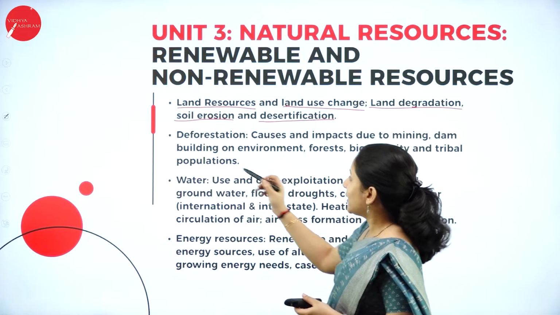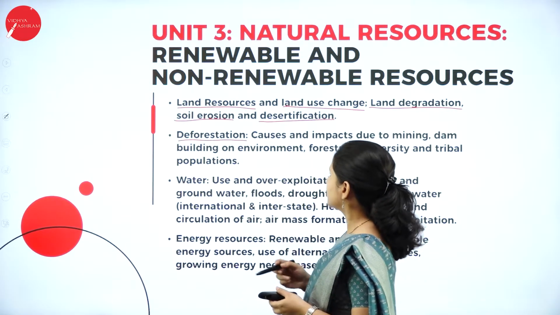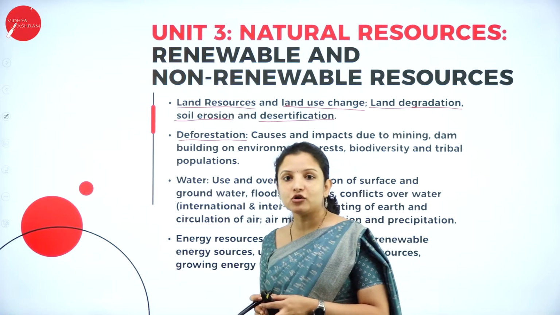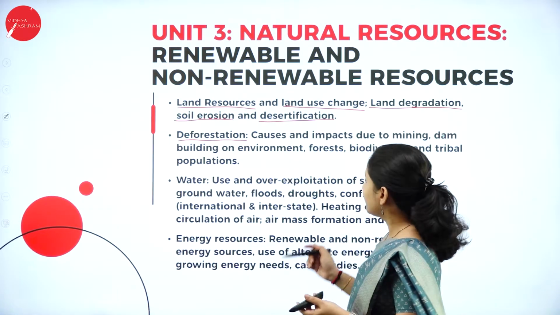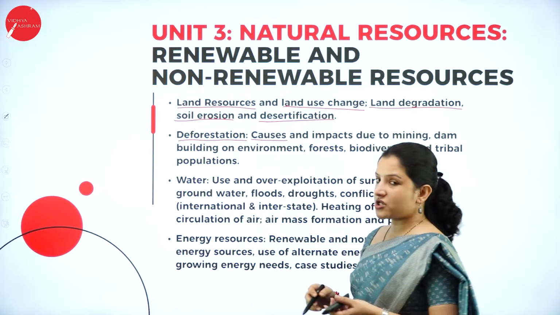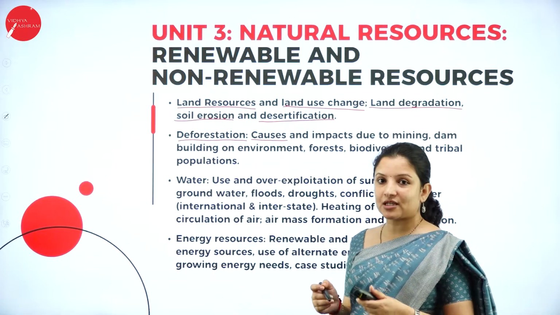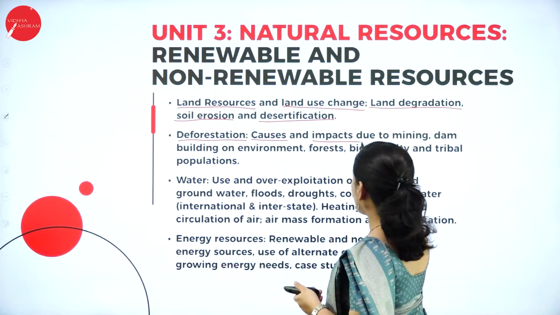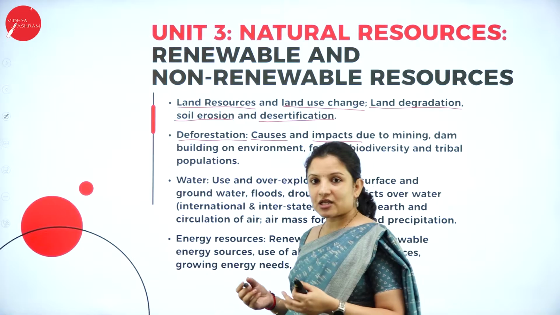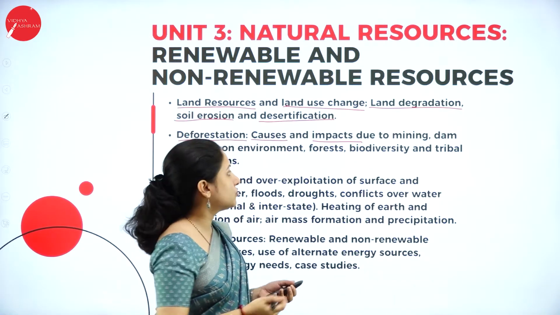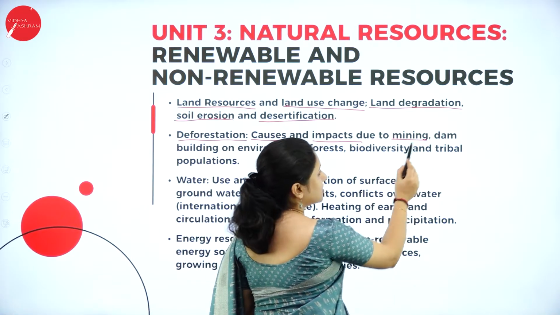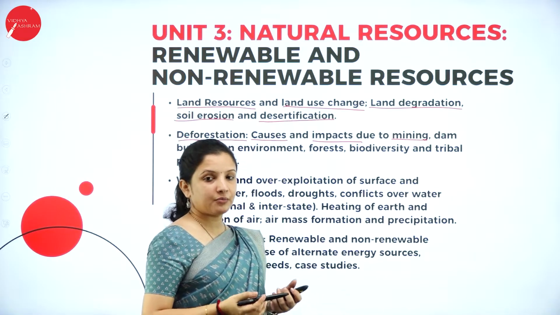Next we'll study about deforestation. Deforestation is nothing but the cutting of trees, and we will look at the different causes of deforestation and what impacts it causes. Deforestation is mainly done for mining purposes.